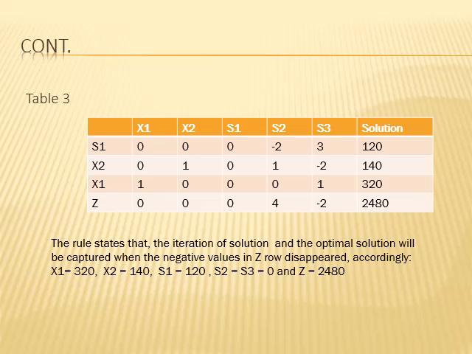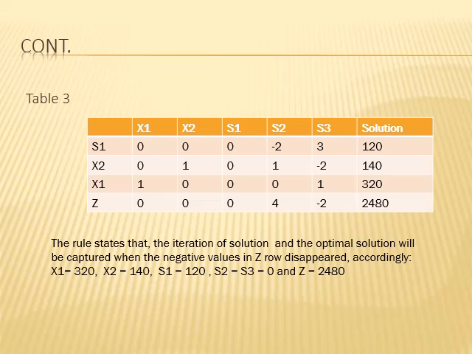As we mentioned before, S1, S2, S3 are slack variables, because we designed these variables to process the solution of the simplex method. They are not original variables. We created these variables.